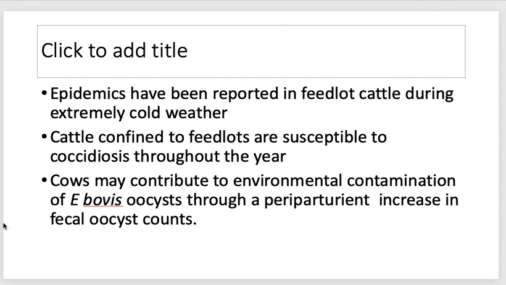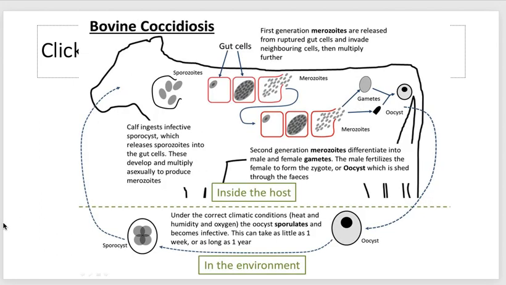bovis. Looking into the life cycle of coccidiosis in cattle, remember these are protozoa, so they have sporozoites, merozoites, and also oocysts and sporocysts. From the feces, the young calves or the cows will defecate the oocysts together with the feces.